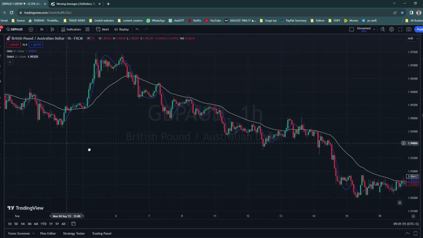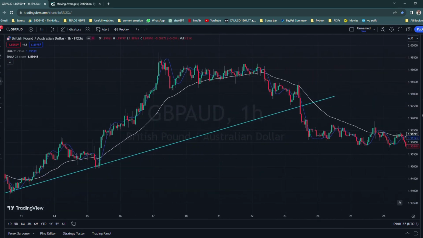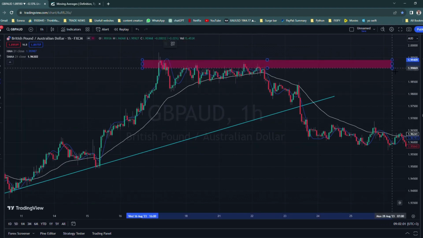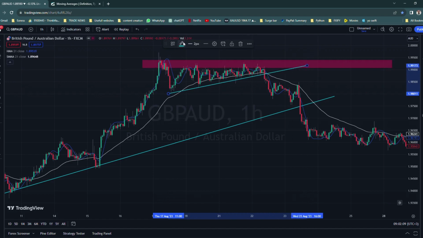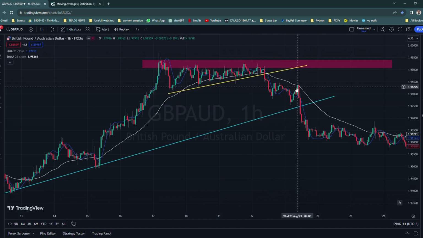But at this point we had a resistance that was strong for a couple of days, for some time there, and we had a break and retest from this, which took 5 days with a huge resistance, and it became a huge supply before the price broke to the downward side.